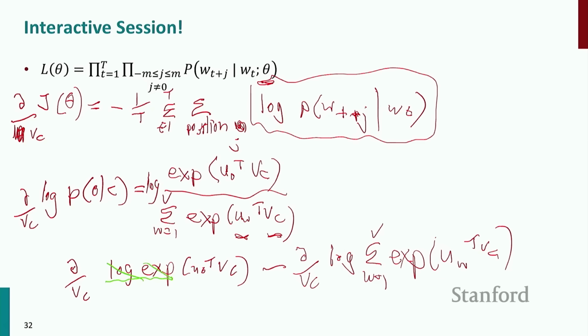And so then I want to get the partial derivative of u outside transpose v center with respect to v center. And so what you get for the answer to that is that that just comes out as u_o.